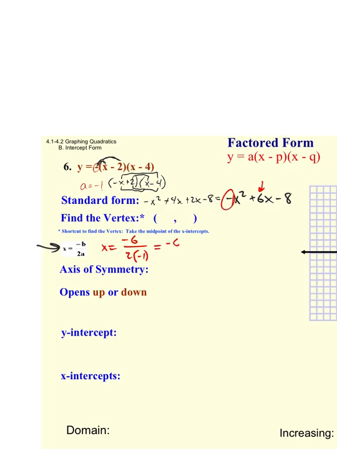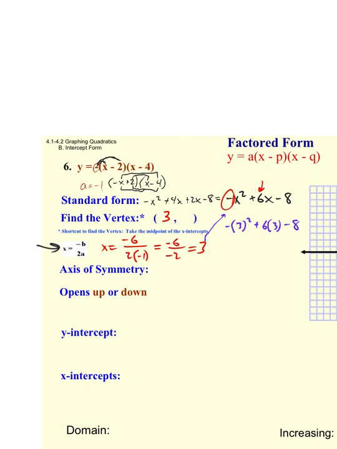And so that gives us negative 6 over negative 2, which means the vertex is at an x value of 3. Now again, to find the y value of the vertex, we're going to take that 3 and put it right in for x. So that gives us a negative, and then for x is 3 squared, plus 6 times 3, minus 8.